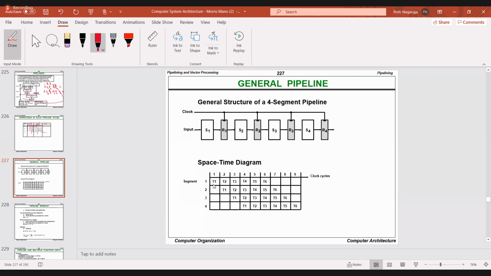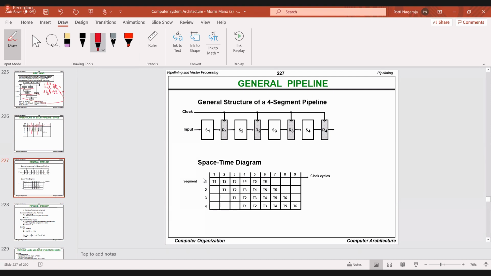Segment 1, in the first clock cycle, I am performing T1. Similarly in segment 2, once again I am performing T1, while during that clock cycle segment 1 is executing T2. Do you understand what I said?